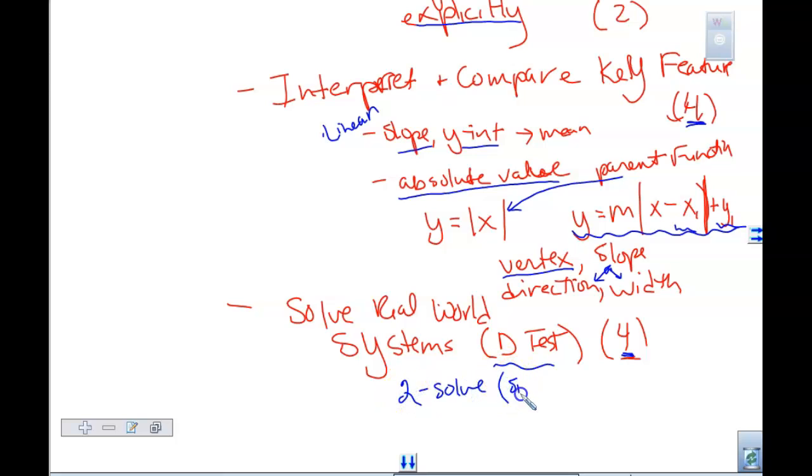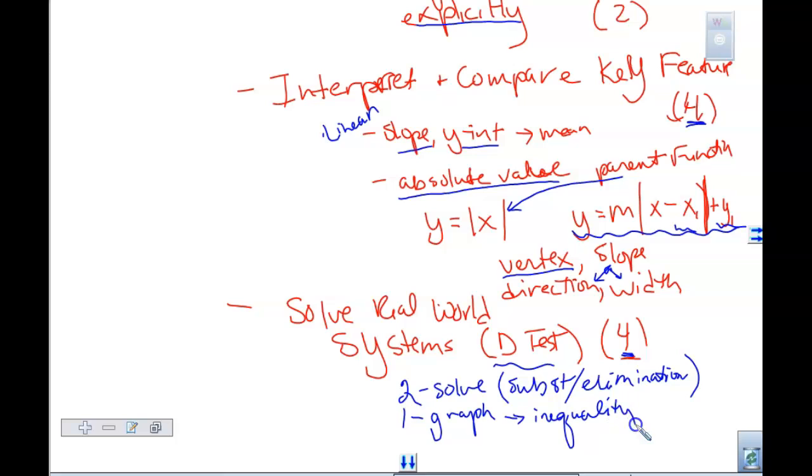You can use substitution or elimination, I don't care. Whichever method you kind of like as you're doing those. And then I'm going to give you a graph. So there's going to be one that you have to graph. And when I'm talking about the graph, it's probably going to be an inequality. So I'm going to be looking for you to shade.